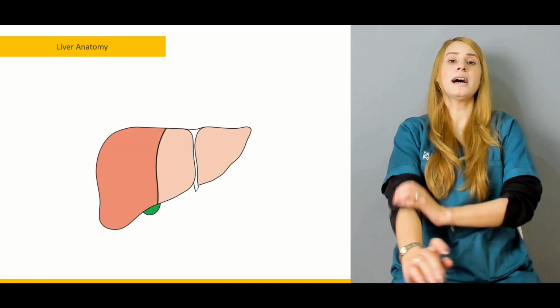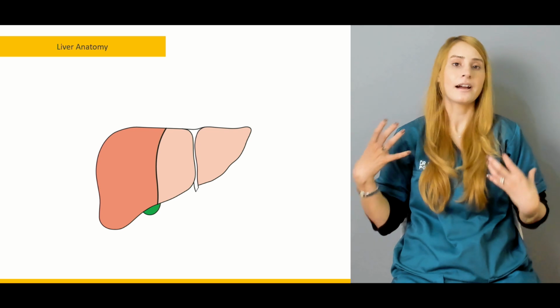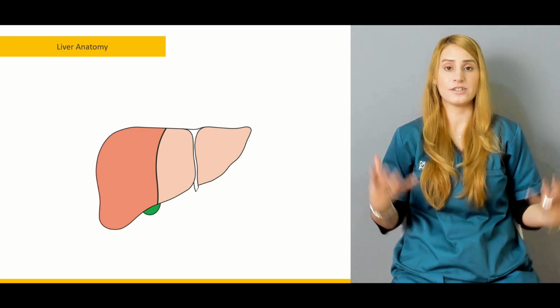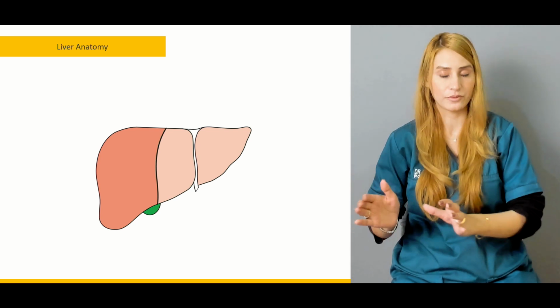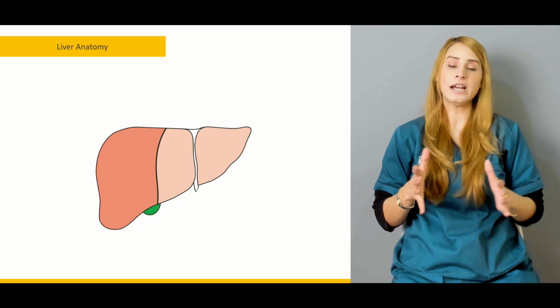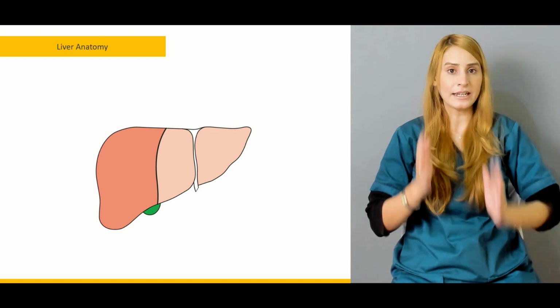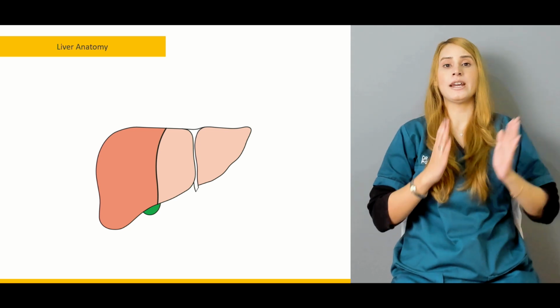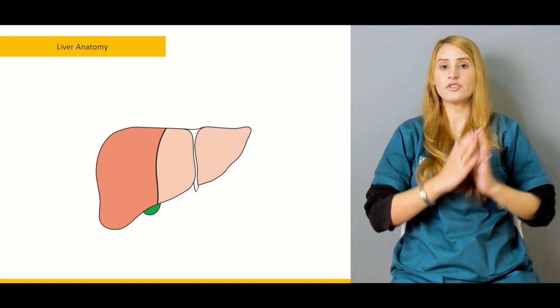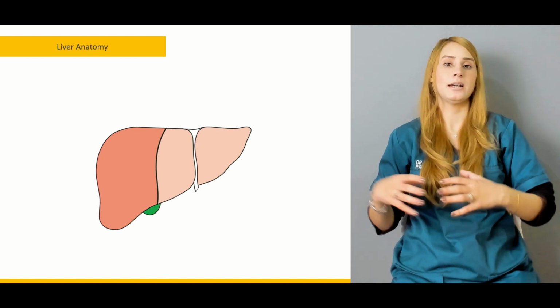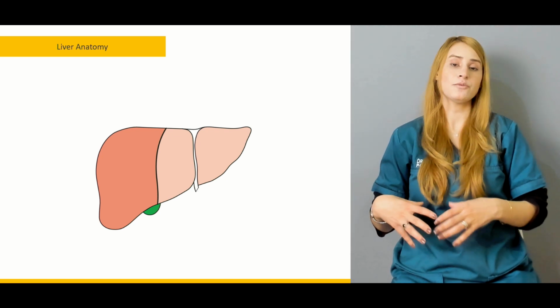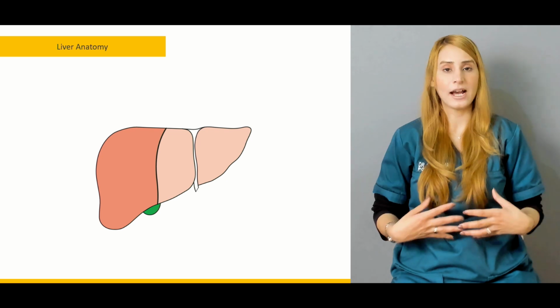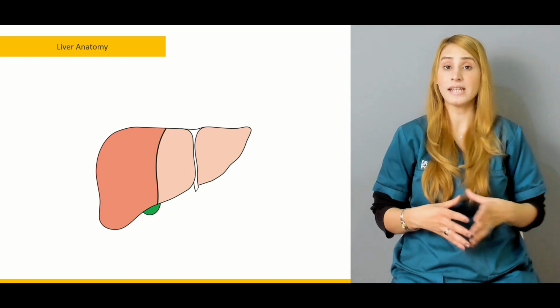If we talk about the liver, it's an important organ which is located in the right hypochondrium. We know that we divide the abdomen into 9 quadrants: the right hypochondrium, the epigastrium, the left hypochondrium. Then you have the lumbar region, which is the right lumbar, then the umbilical region, and then the left lumbar region.